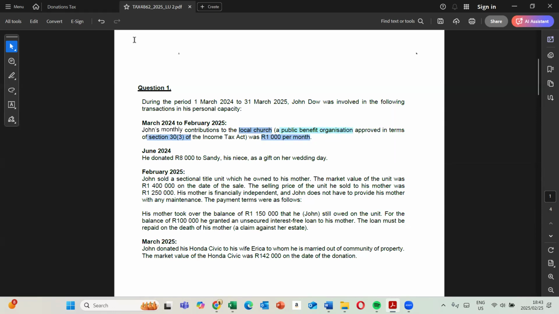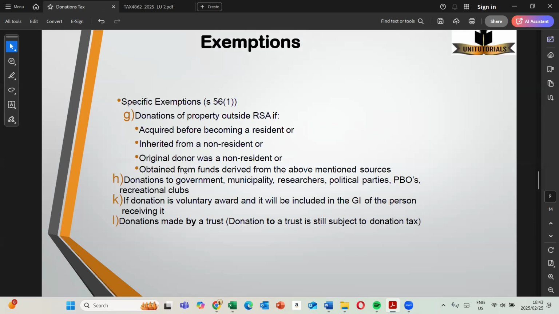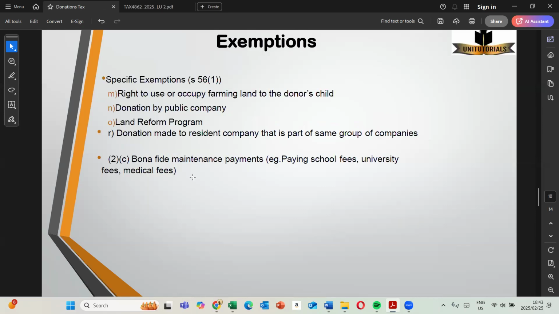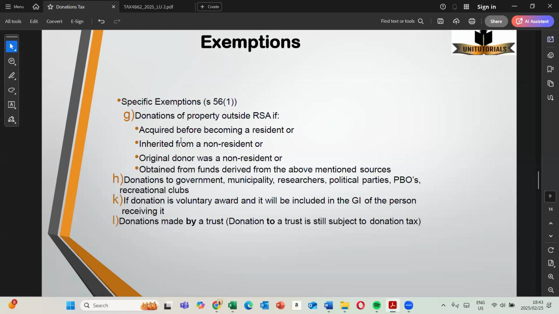Now, how do you answer this? You go to your list. John is making a donation to a registered public benefit organization. Where is it? It's exempt. Here, section 56, subparagraph H: donation to government, municipality, researchers, political parties, public benefit organization, and recreational clubs. So you automatically know that, because he made a donation to this, it's exempt.